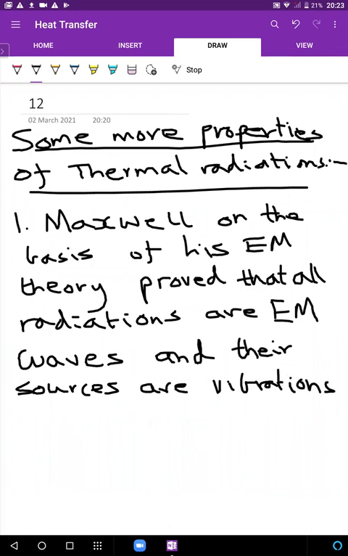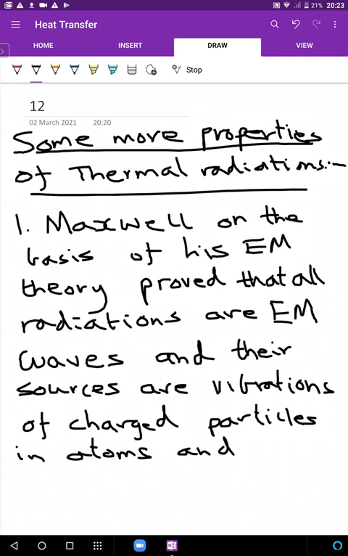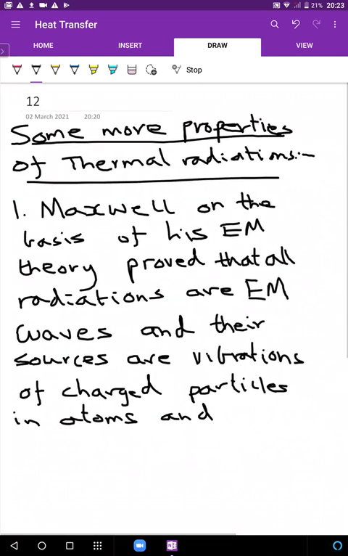And the sources are vibrations of charged particles in atoms and molecules. All right. So at the heart of it, this is where it's originating from. It's originating because of moving charged particles.